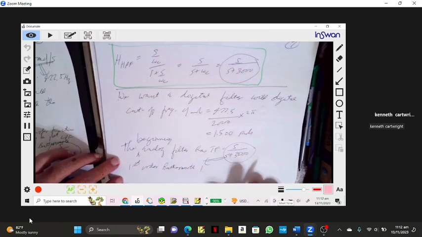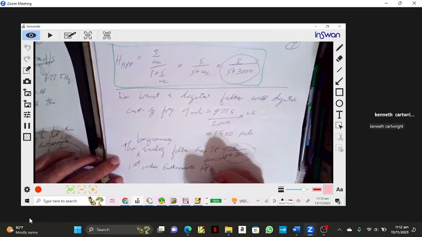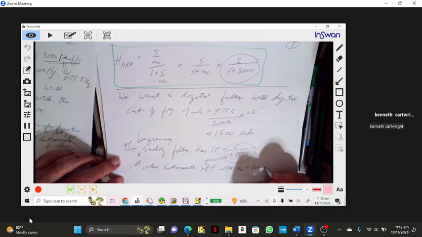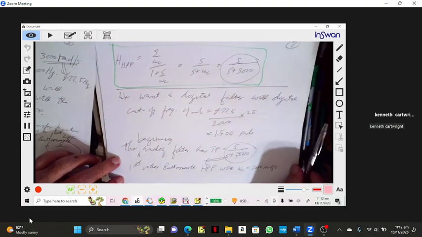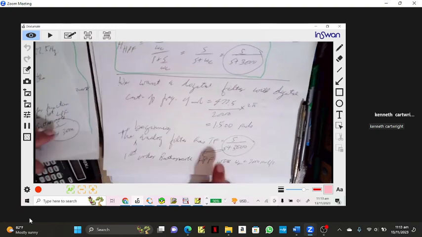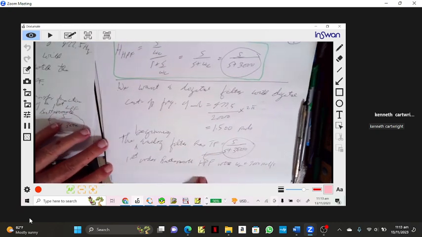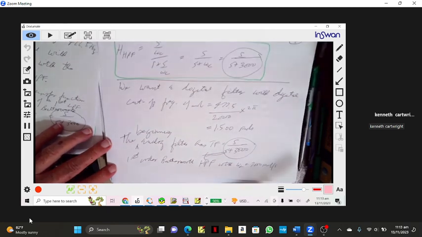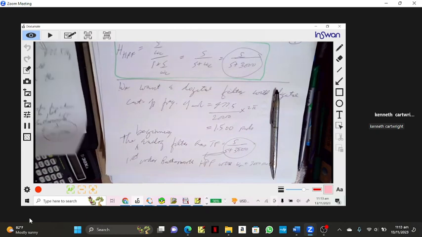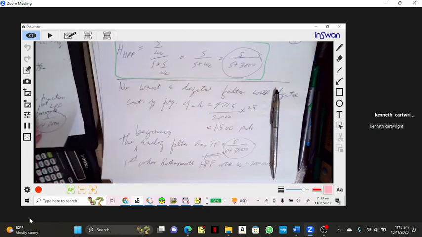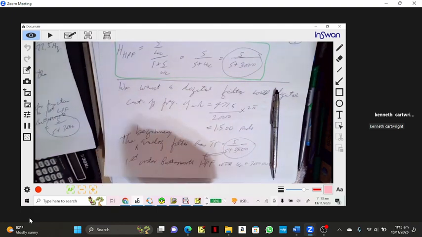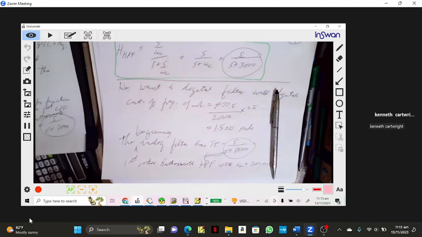First order Butterworth high pass filter with omega C equals 3000 radians a second. I said to you, what's wrong with this filter? What's wrong with this transfer function? I already gave you an example where I told you something was wrong with that filter.